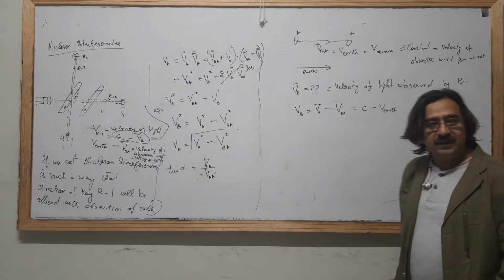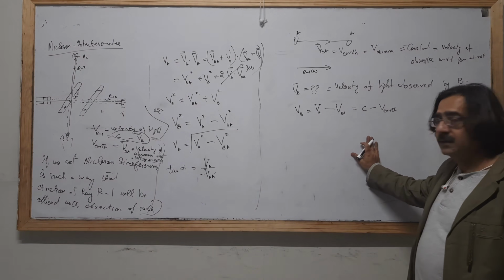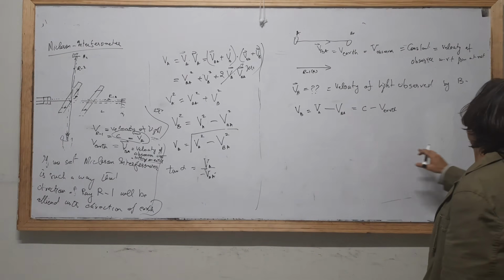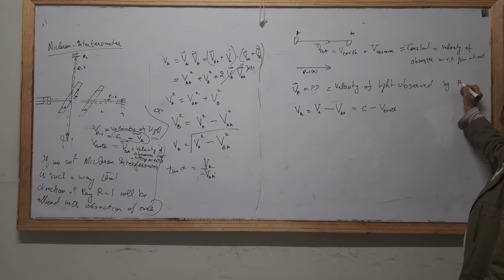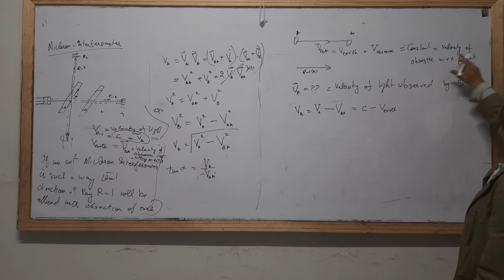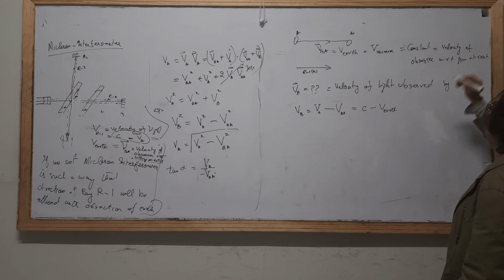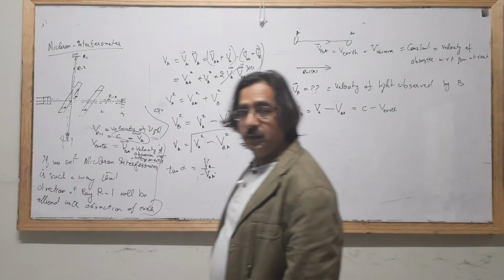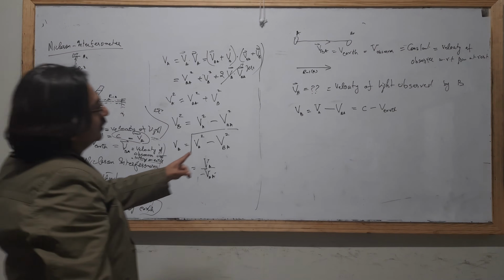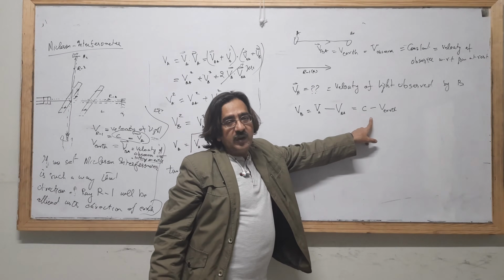So this will be VB, the velocity of light observed by the observer, with respect to the frame at rest. So this will be C minus V.